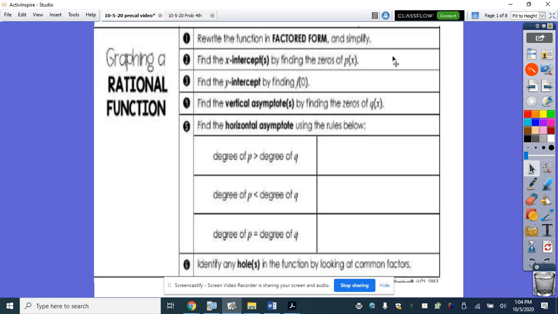Okay. When we're talking about finding the x-intercepts, we're talking about finding the zeros. So that implies that I am going to set the numerator equal to 0 and solve.